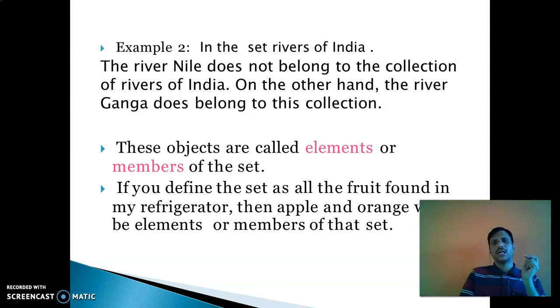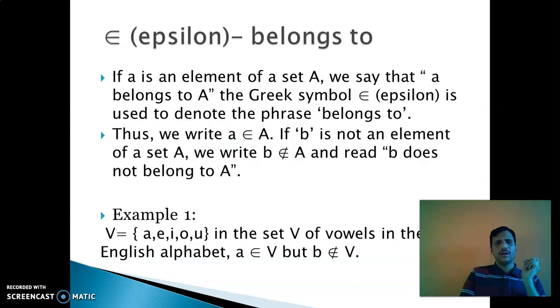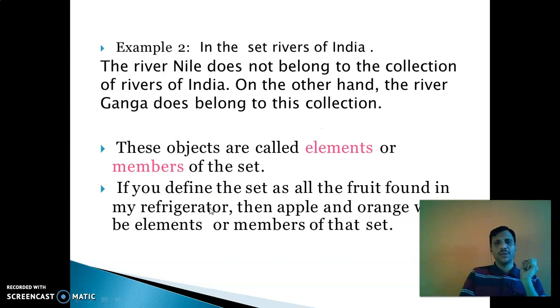These objects are called the elements or members of the set. Which objects? In the previous slide, we observed that in the example of the set of vowels, A, E, I, O, U are called the elements or members of the set. If you define the set as all the fruit found in my refrigerator, then the apple and orange will be elements or members of the set.